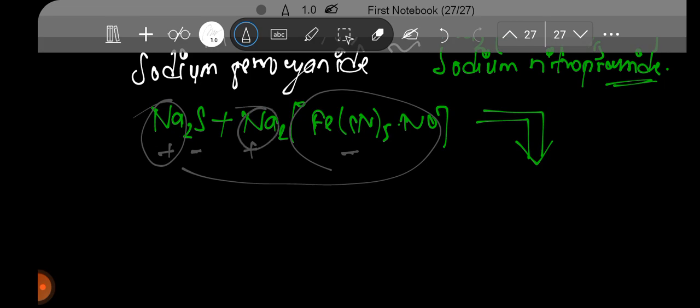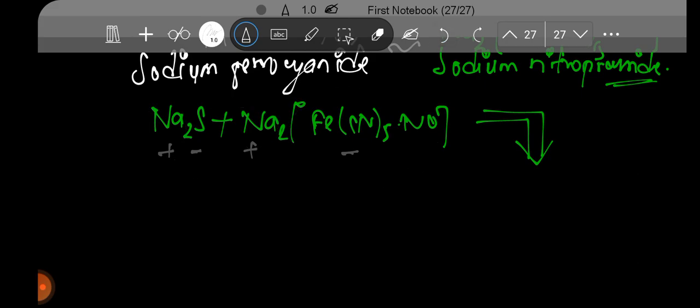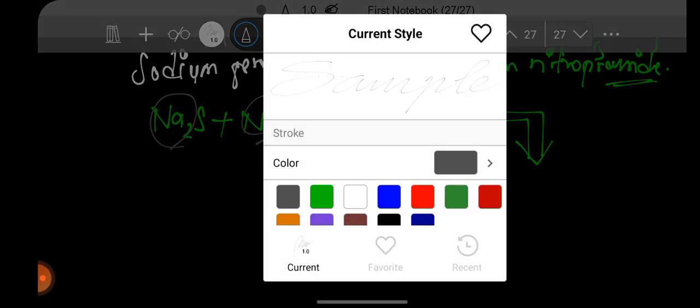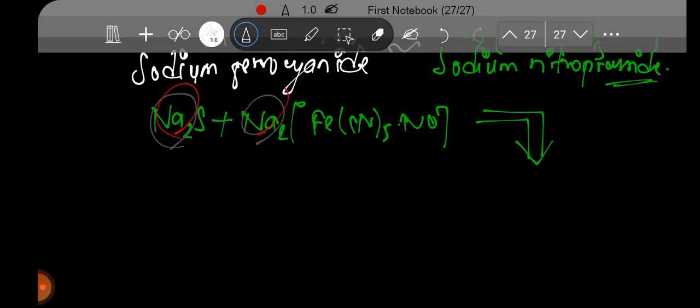That can be said by me, but it's not correct. Here you will form a complex, because both are sodium salts, so we cannot do double displacement reaction. So there will be complex formation.